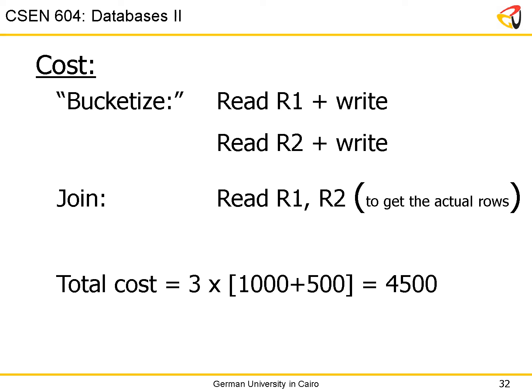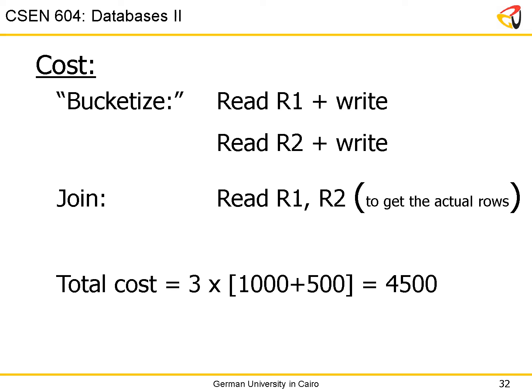So after the second line, we've read all of R1 and R2, we've created the hash tables, and we've put the hash table buckets back on disk. Now, we didn't do the matching yet. So we're going to load those buckets and match each corresponding bucket.